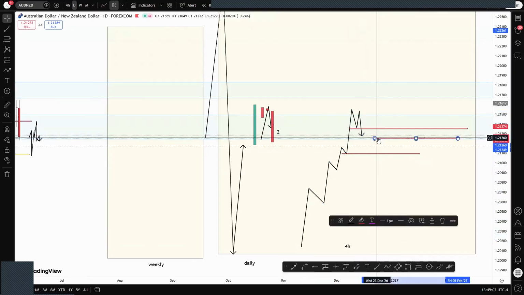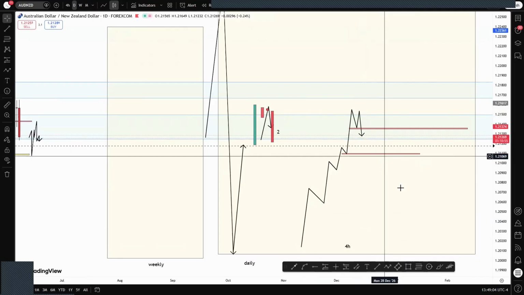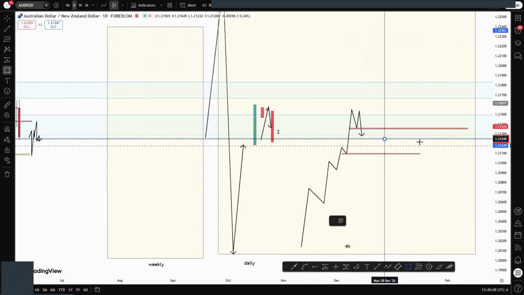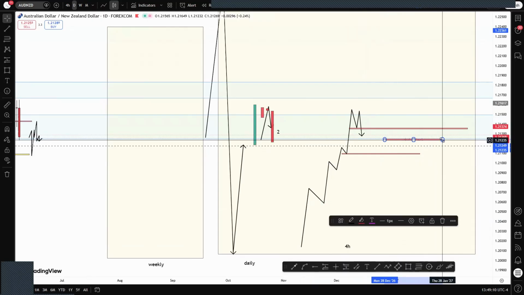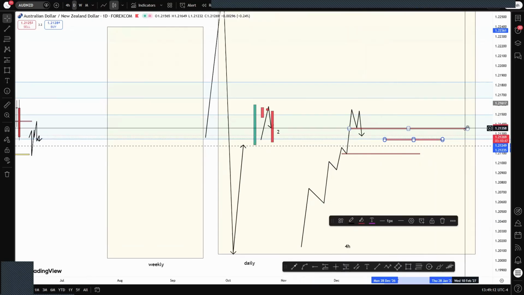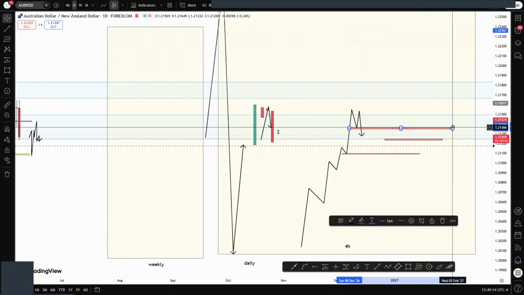So price can either give us a selling chance at this OG level here or at this OG level, you see? So we'll be very much careful with how we handle this trade.